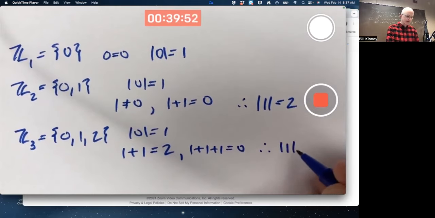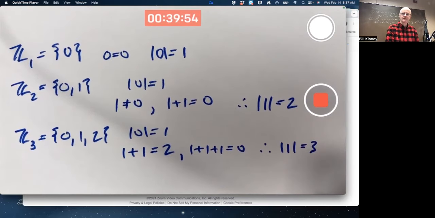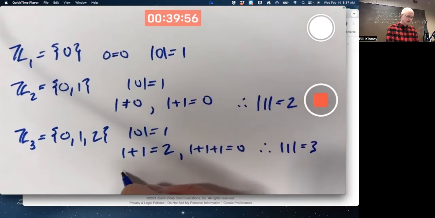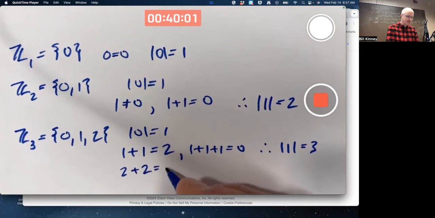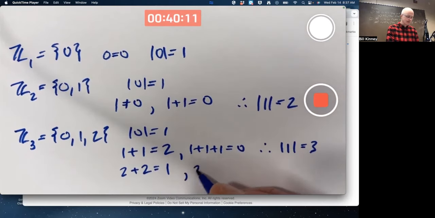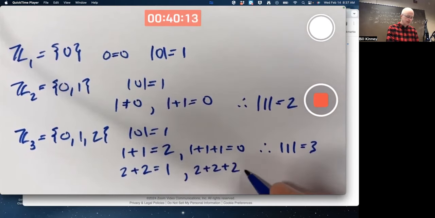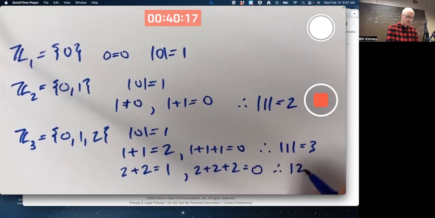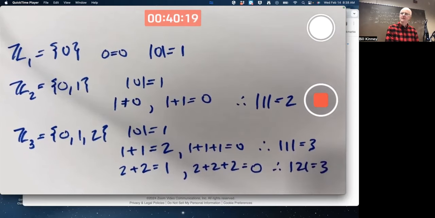Therefore, the order of 1 is 3. What's the order of 2? It's not 1. It's not 2 either, because 2 plus 2 equals 1 mod 3. Not 0. But 2 plus 2 plus 2 is 6. Mod 3 is 0. Therefore, the order of 2 is also 3.